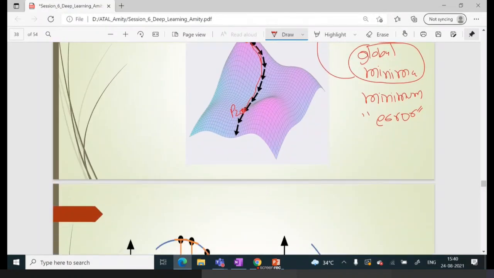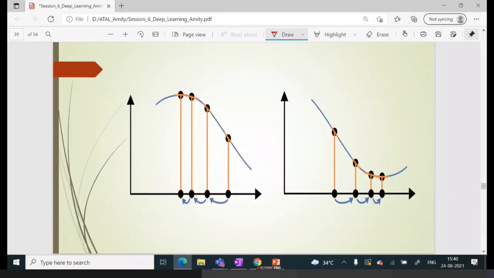Right? So how to do this? Let's say you are at this particular point, P1, and the system will tell you, if you want to increase your error, then go to the left. But we will do it totally opposite, because we want to reduce our error. So what will we do?